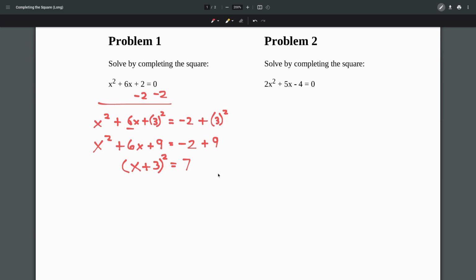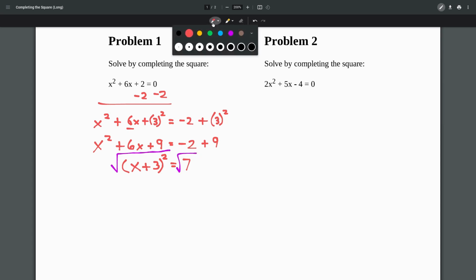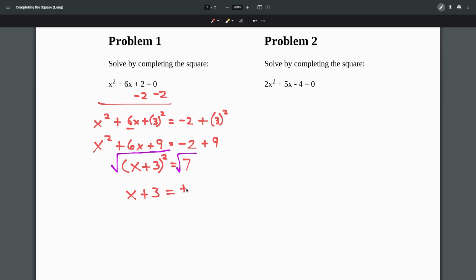Okay, so now we've completed the square. Now we can take the square root of both sides and solve for our two solutions of x. So I'm going to take the square root of both sides here, and I'll get x plus 3 equals plus or minus the square root of 7. Okay, so now we've got to find our two solutions.